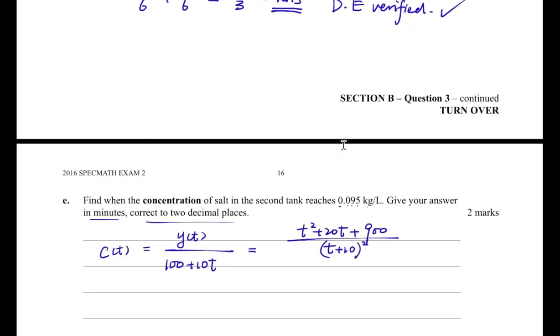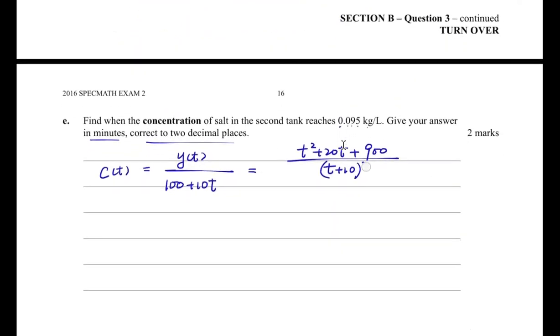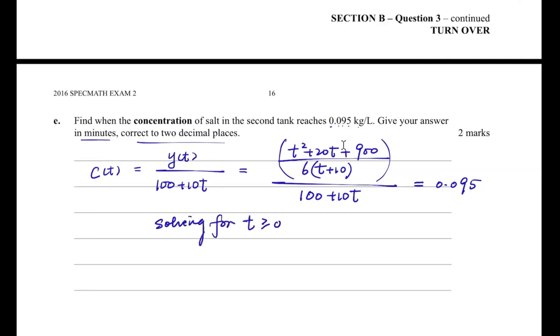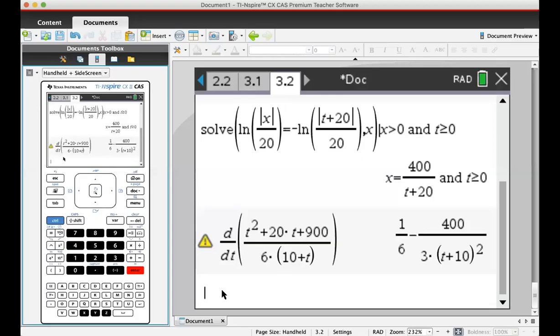Now, it's not squared here. It's 6 times (t plus 10), then divided by (100 plus 10t). Put a bracket here. It will equal 0.095. And you say solving for t. We want to find the value of t where t is greater than or equal to 0. Let's have a look at our CAS calculator and see how we go.